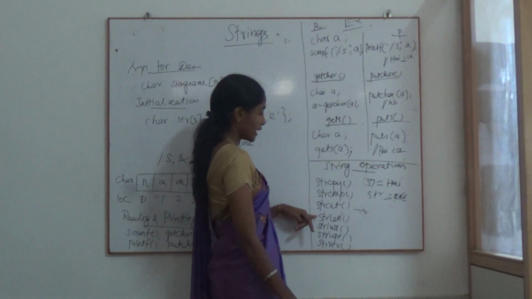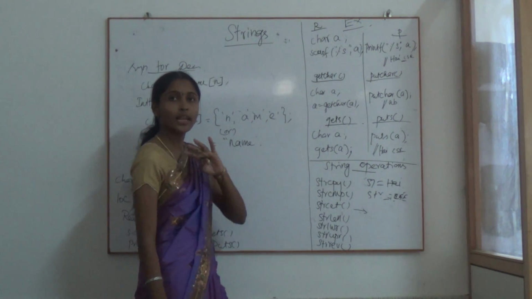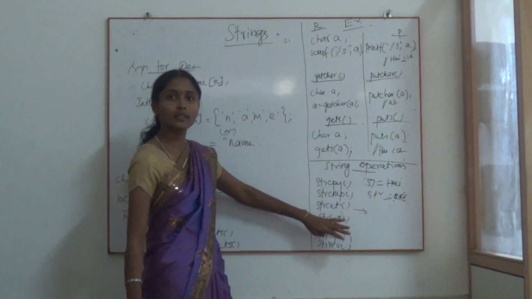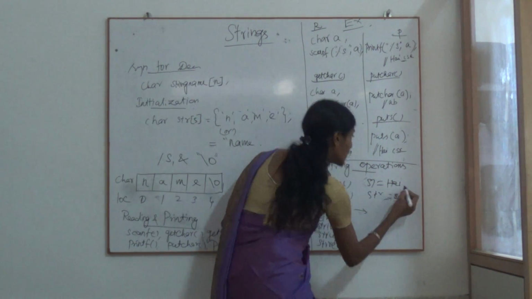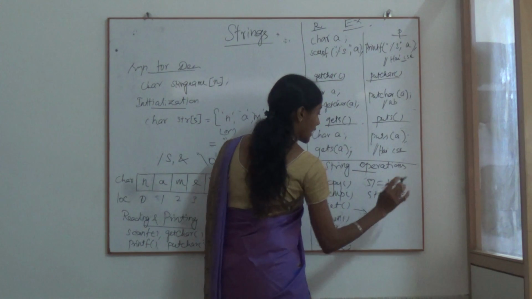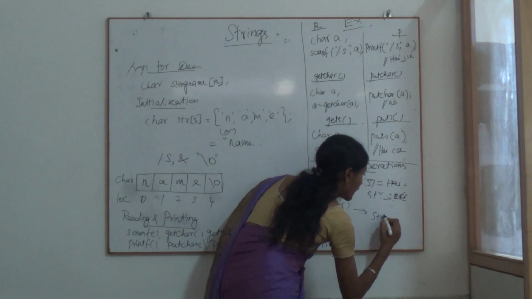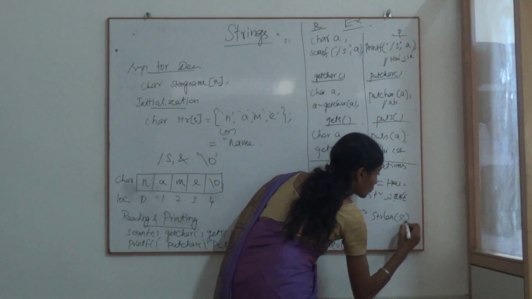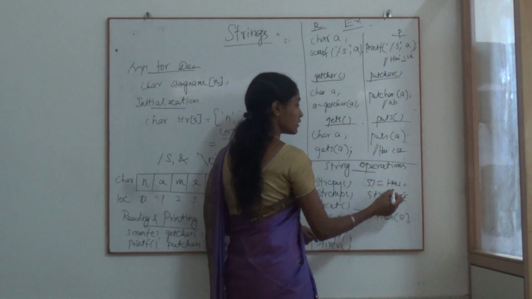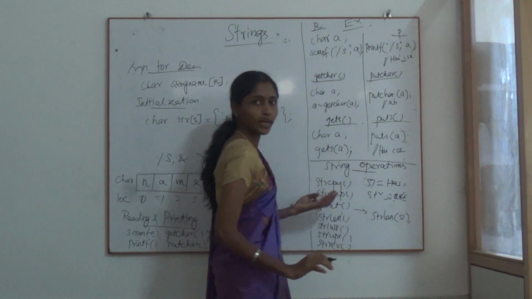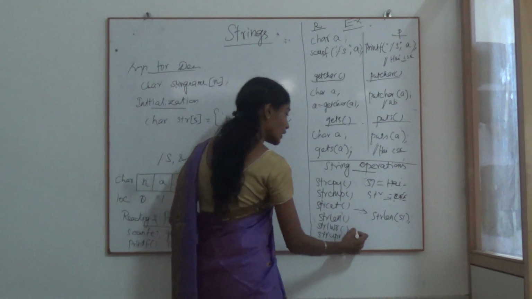And string length. String length returns the length of a string, that is the number of characters in the string. Here S1 is hi, and the syntax is strlen(S1). Then the output will be 3, because there are 3 characters, so it will print 3. The next one is string lower.